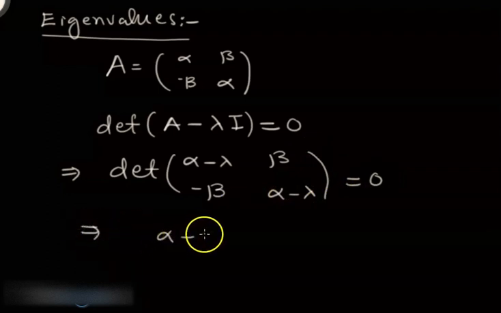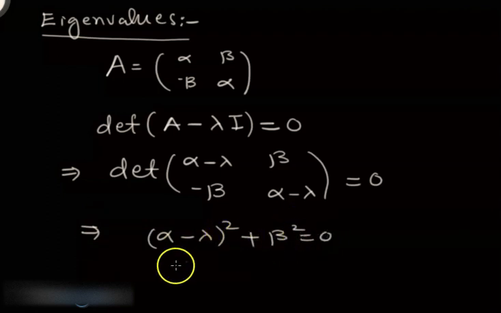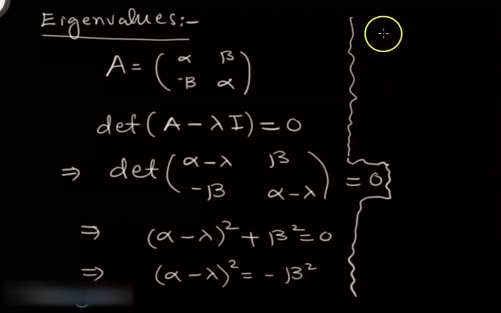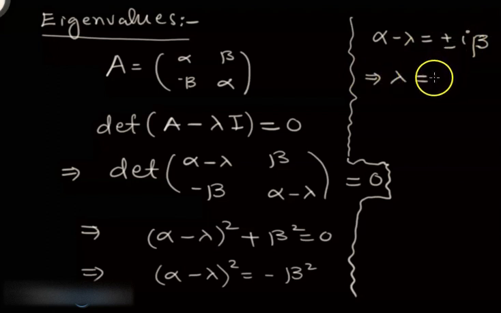That gives me alpha minus lambda squared plus beta squared equals 0. That again gives me alpha minus lambda squared equals minus beta squared. It's not hard to show that this gives alpha minus lambda equals plus minus iota beta. That shows that lambda is going to be alpha plus minus iota beta.